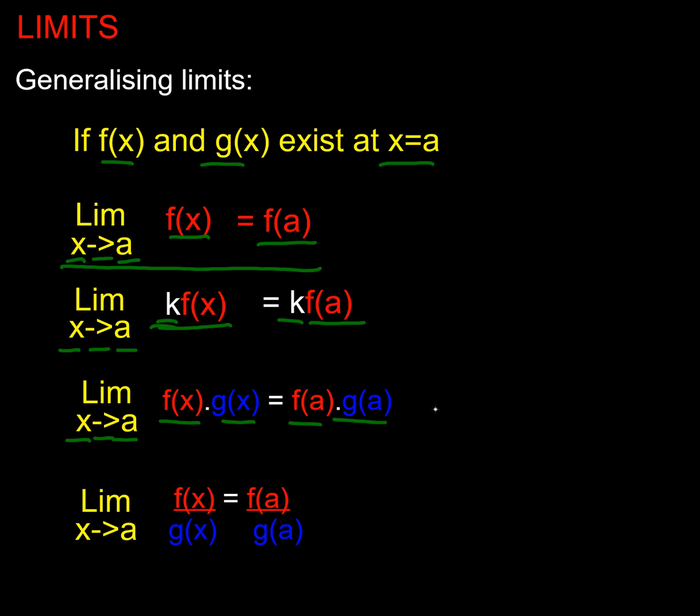And that was a product. Let's look at a quotient, an algebraic fraction. So what's the limit of f of x divided by g of x as x tends to a? Well, that's just going to be the value of f of a divided by the value of g of a. Okay, all stating the bleeding obvious, but you're all sat there going, so how am I going to use that? Let's have a look.